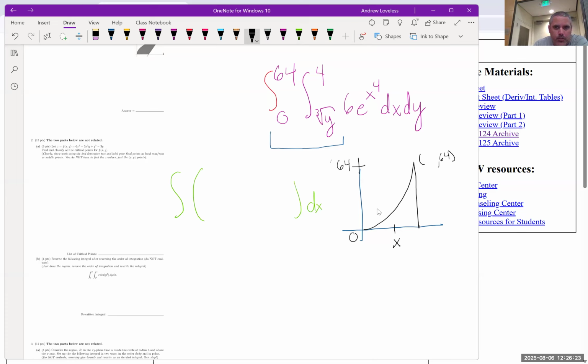It's like if you were to sweep across here, it's when you're in this region, and then you're out again. So when we're looking for that, we're looking for these values. This is the start, this is the end. That's what goes in these two spots.